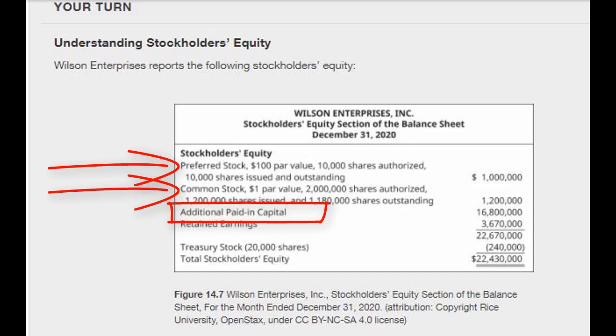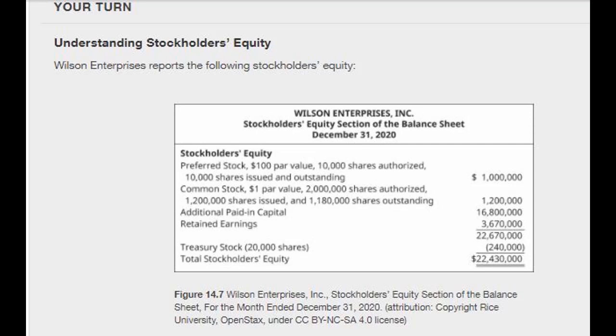The money that we received from our shareholders on each of those lines is about $1,200,000 from common stockholders and $1 million from our preferred or premium stockholders. Those numbers are based on a statistic or metric called par, P-A-R, value.